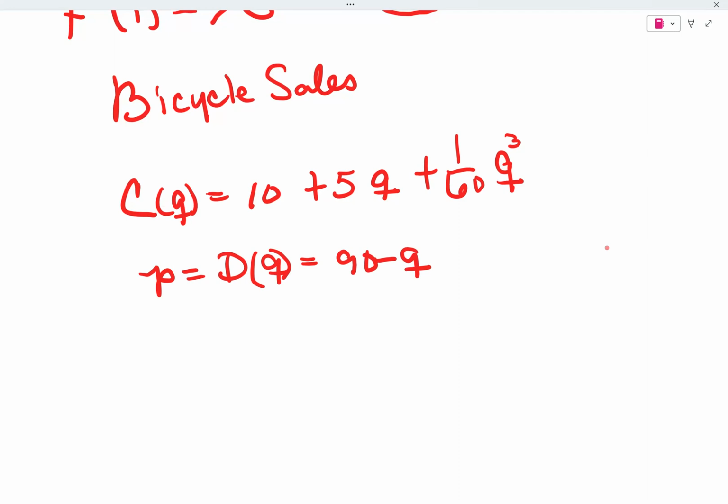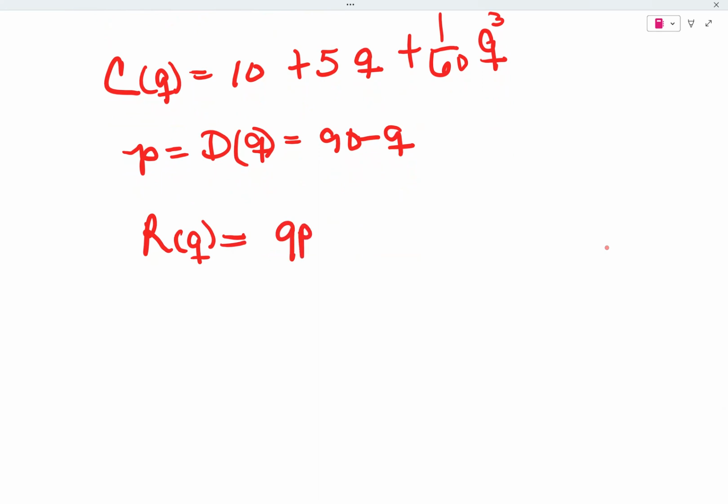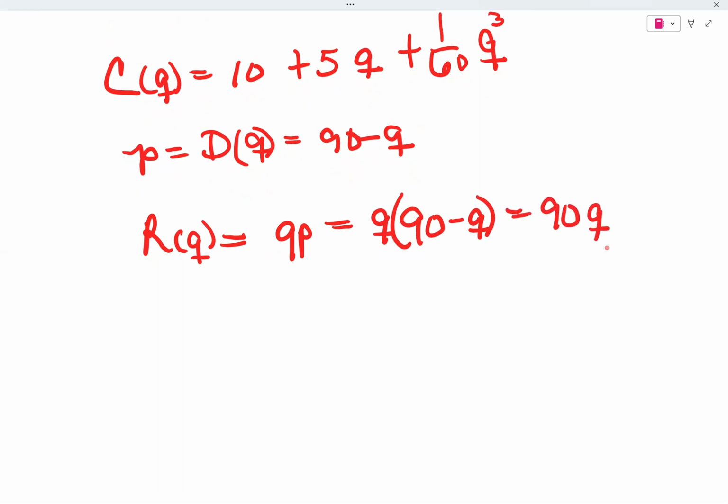And so when they give us this question, what they're asking us is to find the maximum weekly revenue. Remember that when we talk about revenue, the R of Q is equivalent to Q times the price, number of bicycles times the price. And that, according to their model, is Q times 90 minus Q. And that is equal to 90Q minus Q squared.